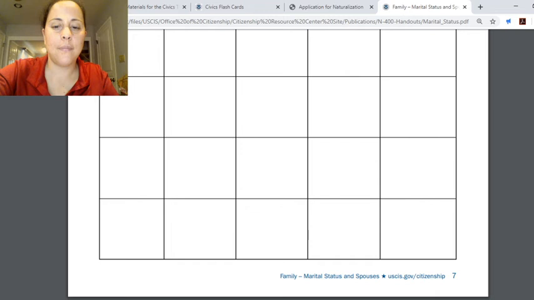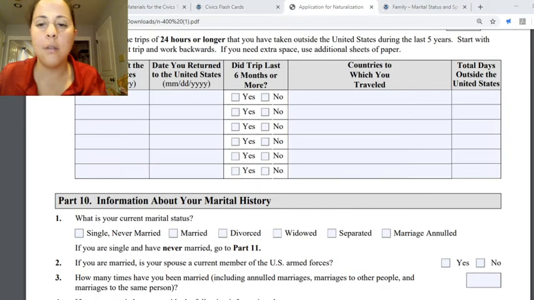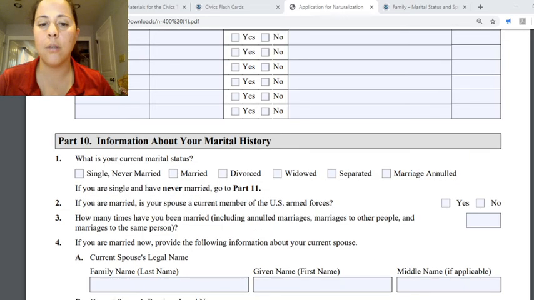Let's review the N400 application, part 10, because this is what we are talking about when we talk about your marital history and your spouse information, husband and wife information: full name, first name, last name, middle name.